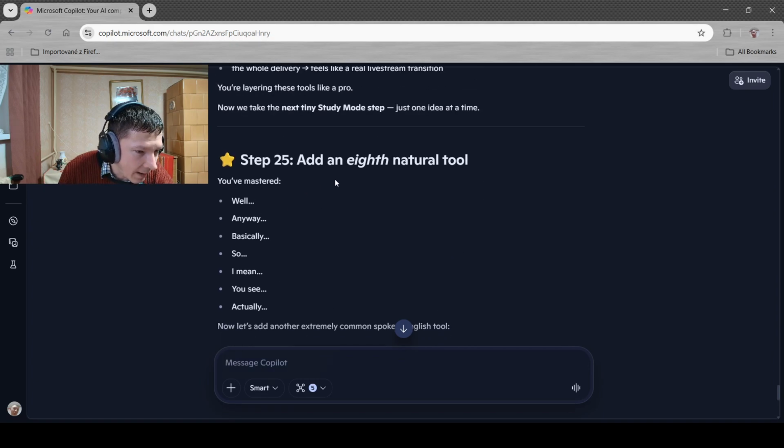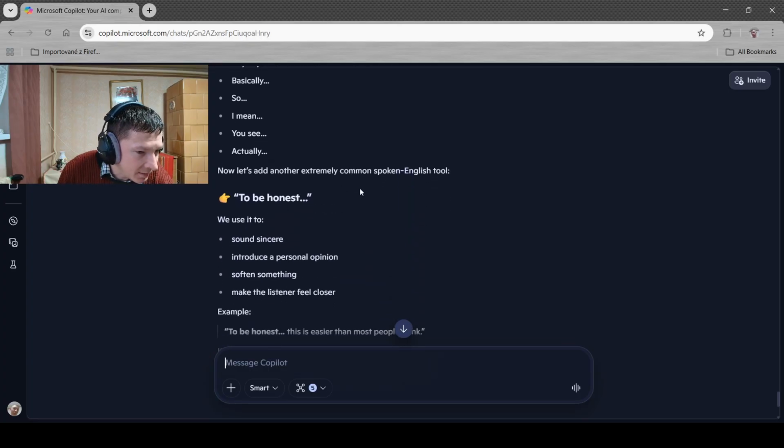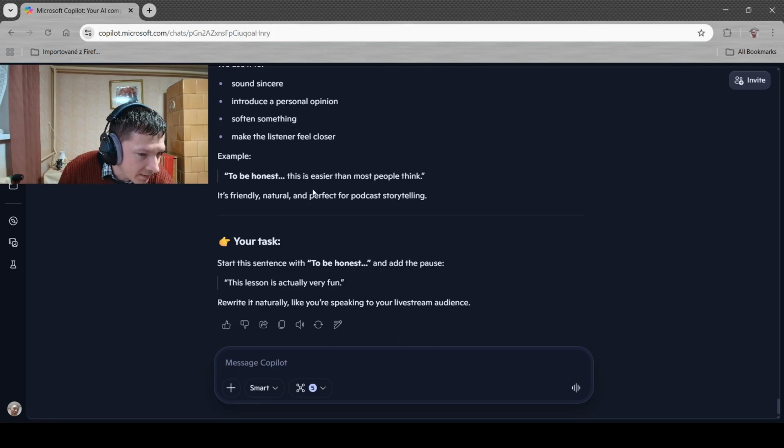Step 25. Add an eighth natural tool. You've mastered well, anyway, basically, so, I mean, you see, actually. And now let's add another extremely common spoken English tool. To be honest, we use it to sound sincere, introduce a personal opinion, soften something, make the listener feel closer. To be honest, this is easier than most people think. It's friendly, natural, and perfect for podcast storytelling.